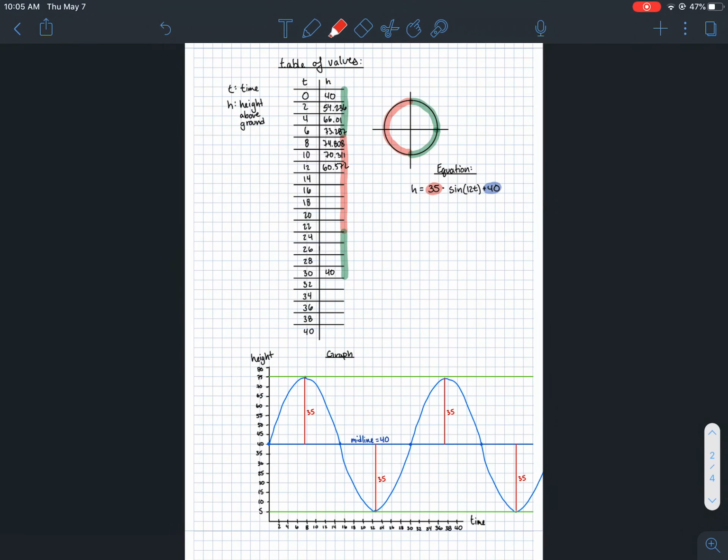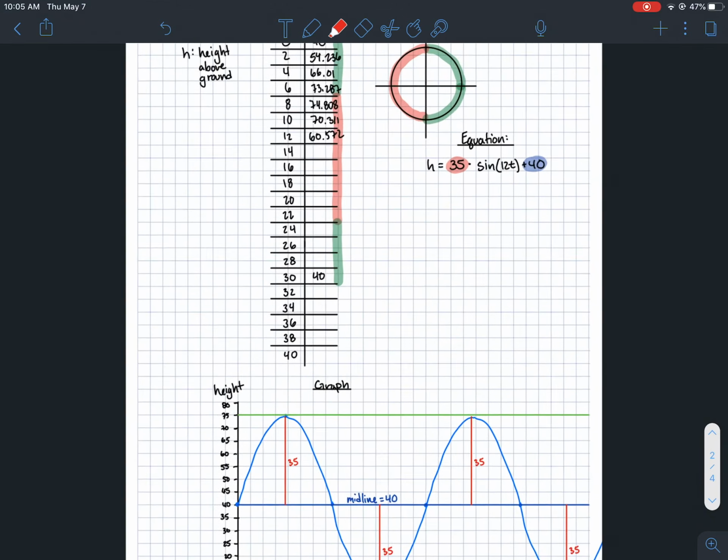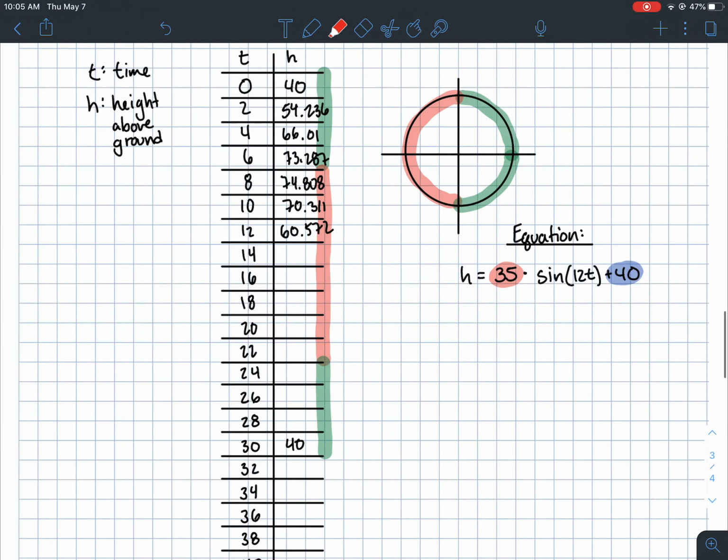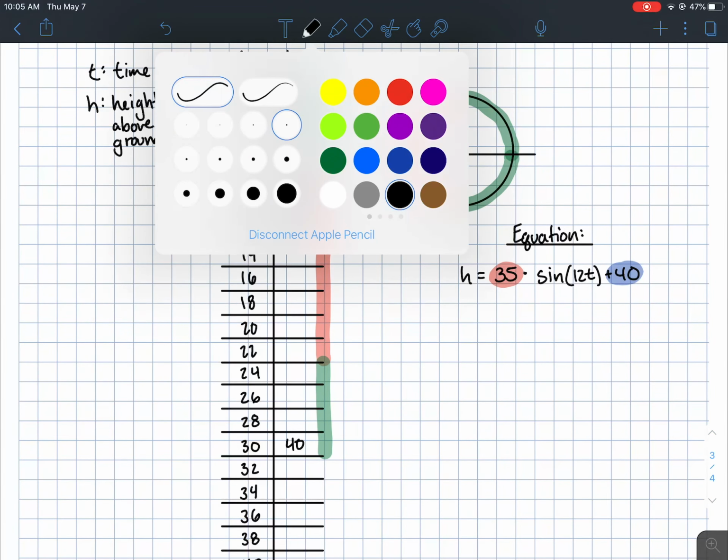So again, this is all called our sine wave here. And through our table of values and our graphs, we can start to see exactly where we're going to be and why that circle has parts of growth, parts of decrease, and then it repeats itself over and over again.